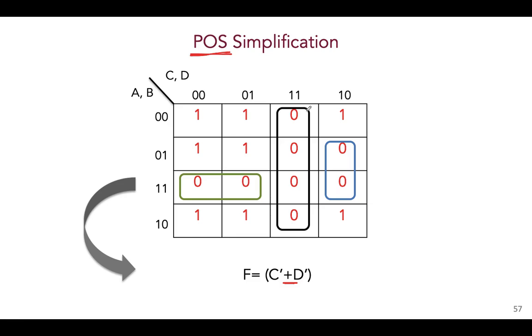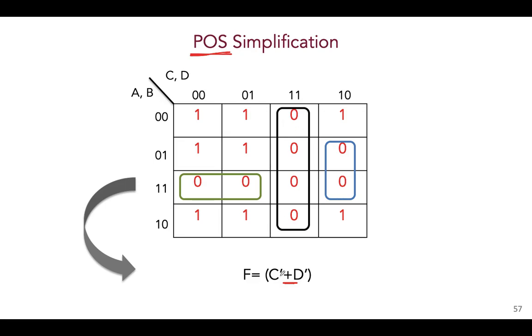The second thing you have to notice here is both C and D are the only variables that are not changing, so it makes sense that the name for this group would contain C and D. But you see that we have written C dash and D dash here. Although C and D are 1 and not 0. So dash we write in case when the variable is 0, and without the dash is the variable when it is 1.